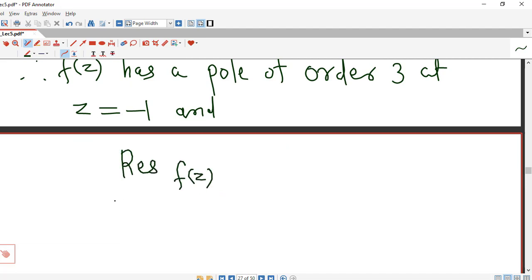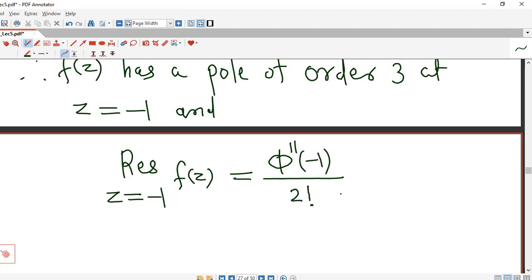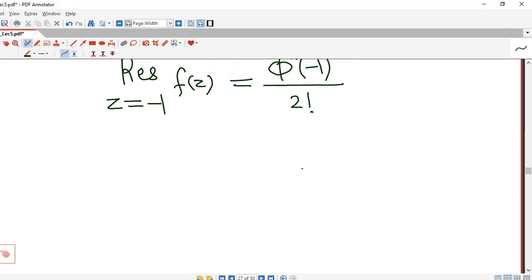So the residue of f(z) at z = -1 will be equal to the second derivative of the function phi at z = -1 divided by 2 factorial. So now we calculate the second derivative of phi at z = -1.